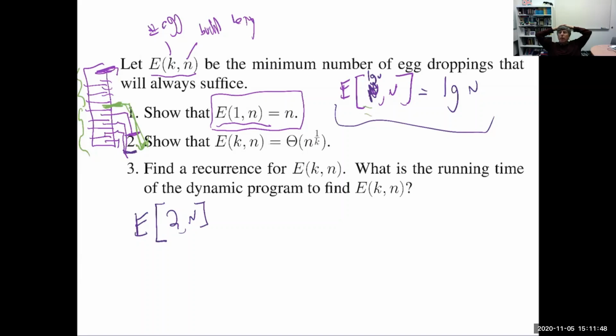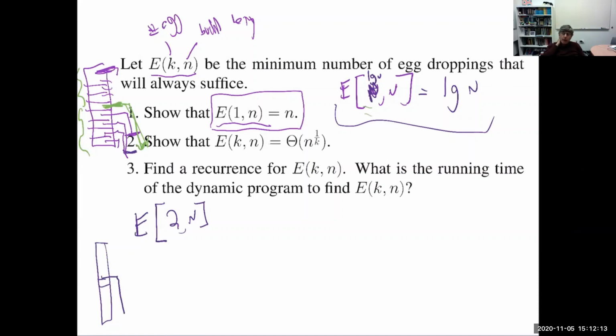Of an efficient way to find the height of the building. Okay. Someone is telling me, drop the egg from the middle of the building. So one idea might be to drop the egg from the middle of the building. What happens if I do that?